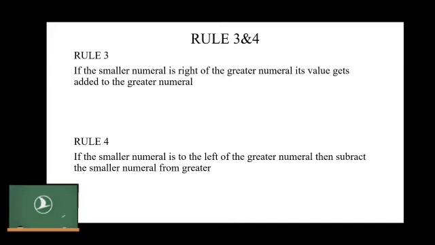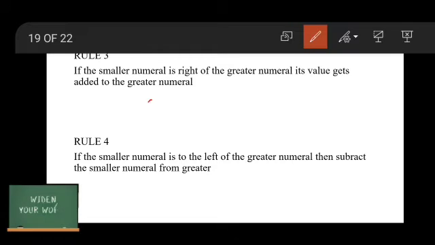Rule 3. If the smaller numeral is to the right of the greater numeral, its value is added to the greater numeral. For example, we represent 11 as XI in Roman numerals. X is 10 and we know that I is equal to 1.